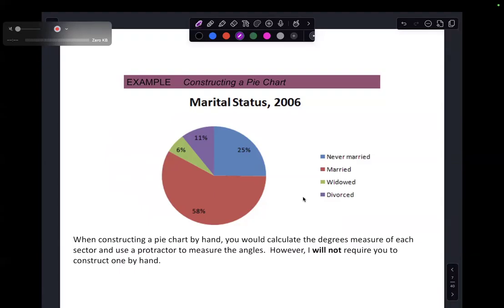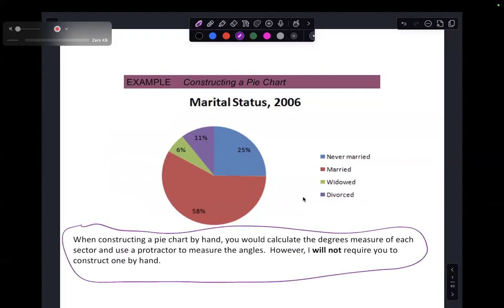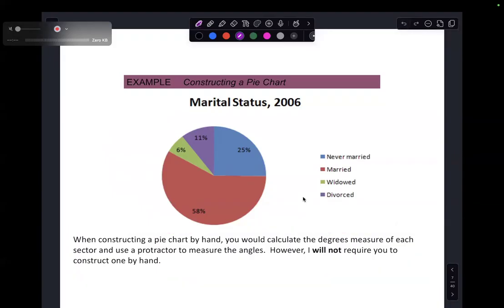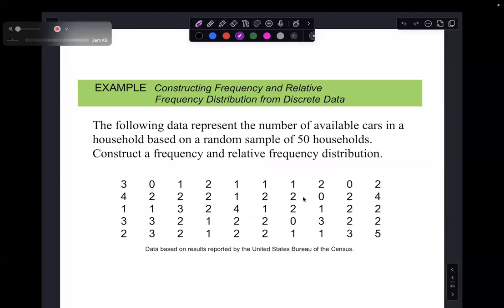But I'm never going to require you to do it by hand. In real life, if you decide you want to make one by hand and not use Excel, this tells you how to do it right here. But I don't recommend it for the average person that doesn't just love making big circles. I like to use my compass and make a circle and then use my protractor, but I'm a nerd. That's what we do. All right, moving on.